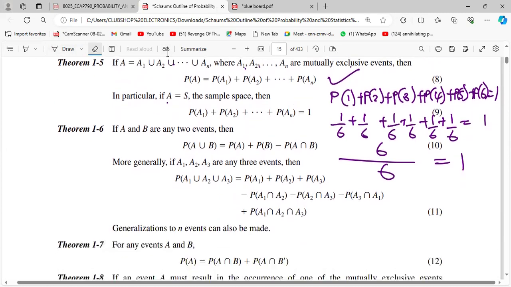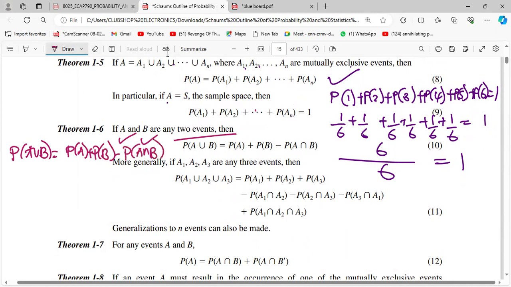Next, theorem 6. A and B are events. We don't mind whether they are mutually exclusive. Then probability of A union B is equal to probability of A plus probability of B minus probability of A intersection B. But if they are mutually exclusive, you do not need to subtract, because the intersection is 0.